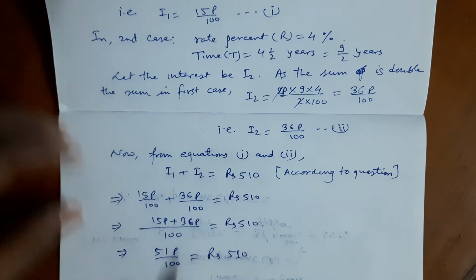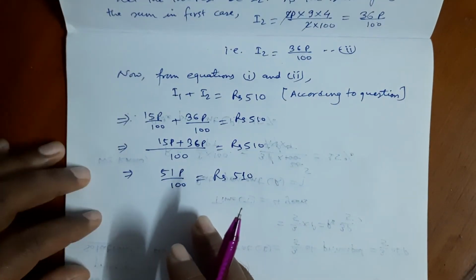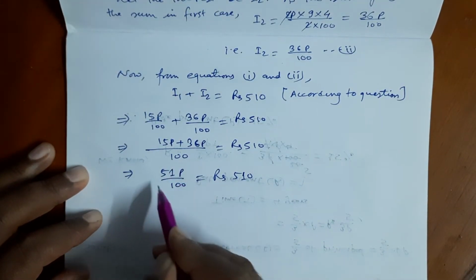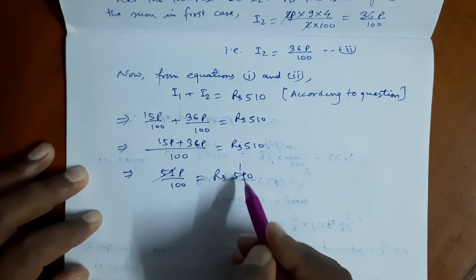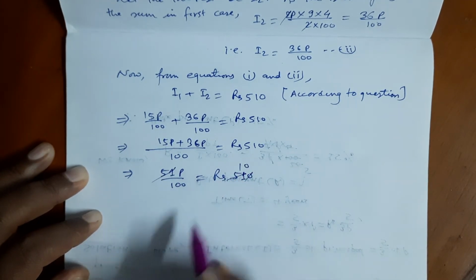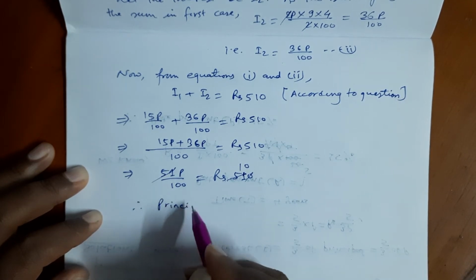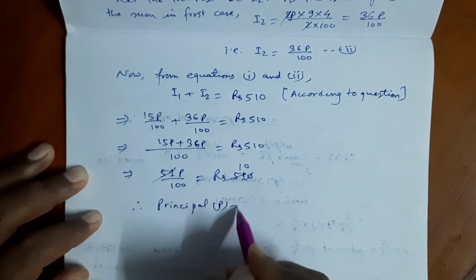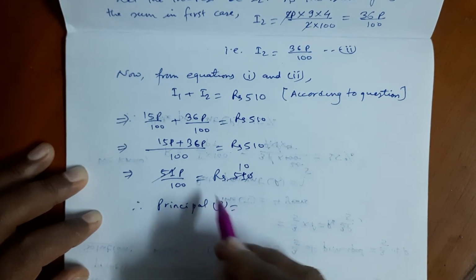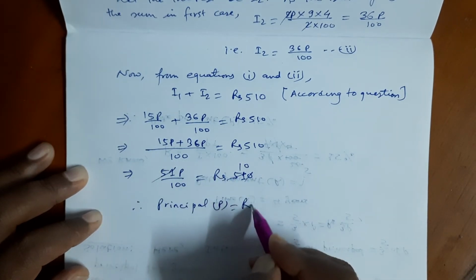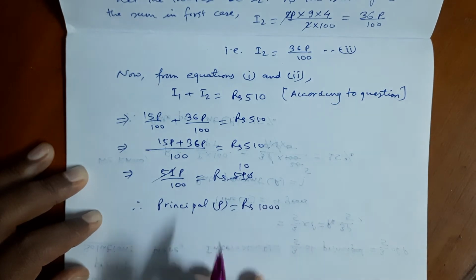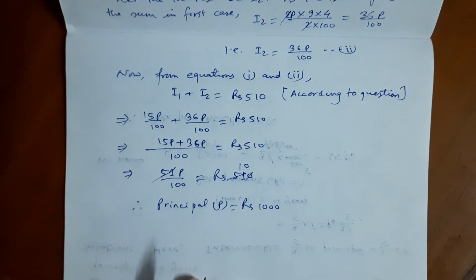Now this 51 can cancel, 51 ones are 51, and this 0 here. Therefore principal P equals 10 times 100, that is rupees 1000.